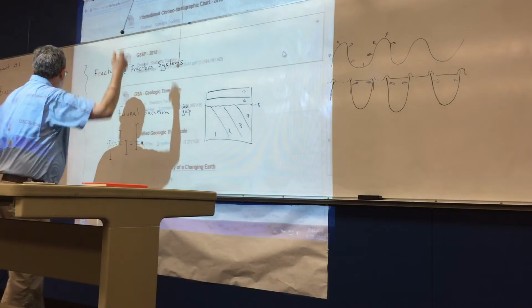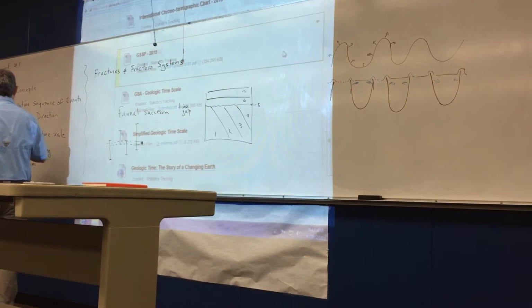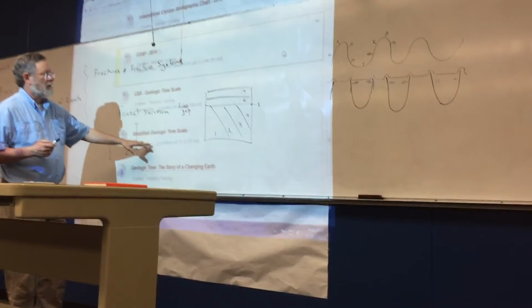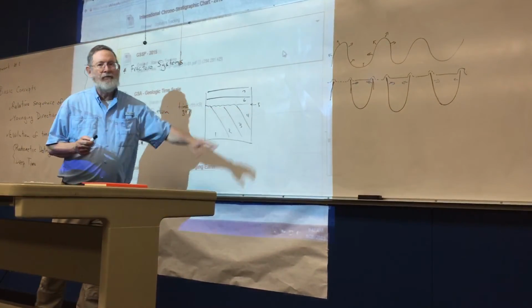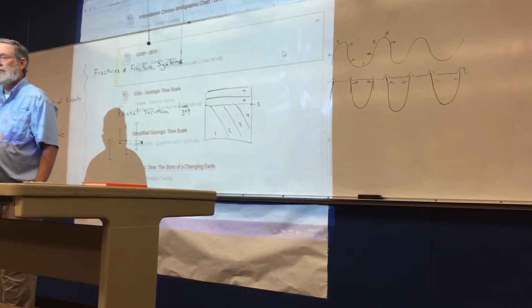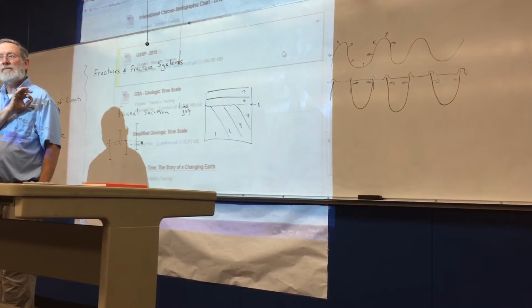So that gets us through evolution of the time scale. We need to chat briefly about radiometric dating and about deep time, because what helps us really affix the absolute time is the concept of radiometric dating.